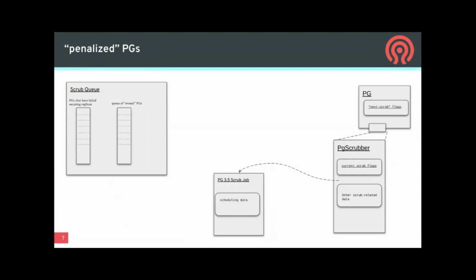And during that time, that OSD has reduced capacity to answer other requests for scrubbing, for example, for those PGs for which it is the replica. It serves as a replica, not as a primary. So the effect of a stuck scrub is pretty widespread. It's not just one PG that is affected, but it might be more than that.